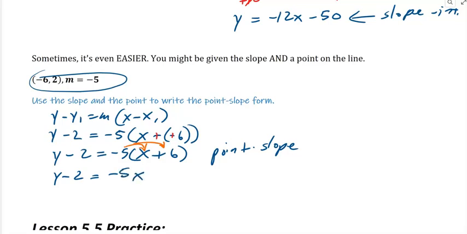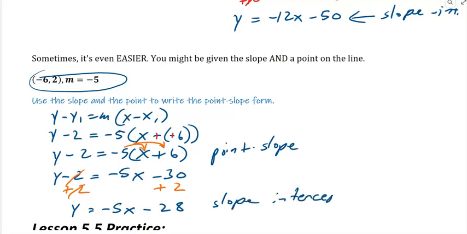Negative 5 times positive 6 is negative 30. And now we add 2 to both sides to get that y by itself. And y equals negative 5x minus 28. Slope-intercept. So, not that you always have to convert it into slope-intercept, but it's always good to know how.